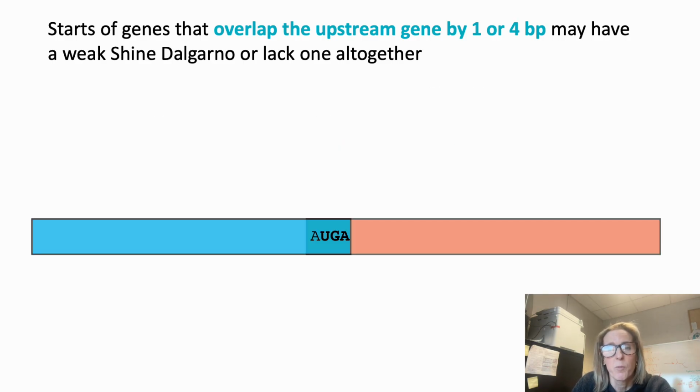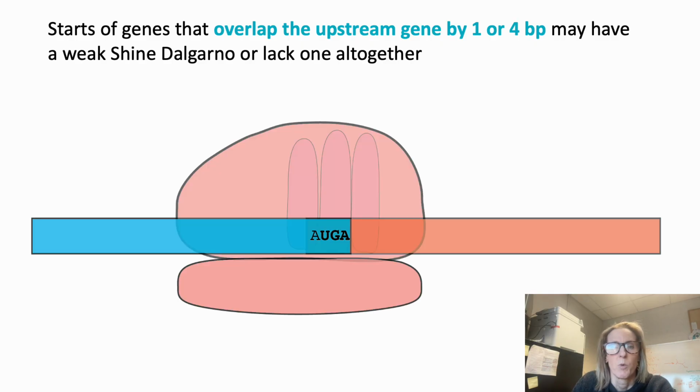Note that the 4 base pair overlap includes the stop codon of the blue upstream gene, UGA, which would cause a 70S ribosome to release the newly synthesized protein from open reading frame 1.